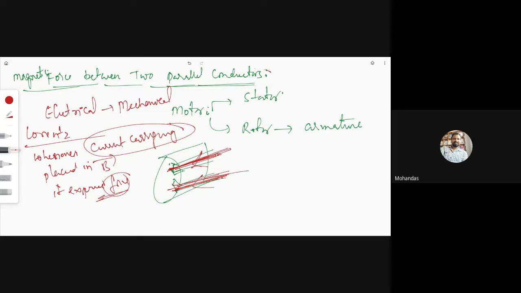Two parallel conductors means the conductors which are placed in the slots of the armature. That is one example. Another example is transmission lines.